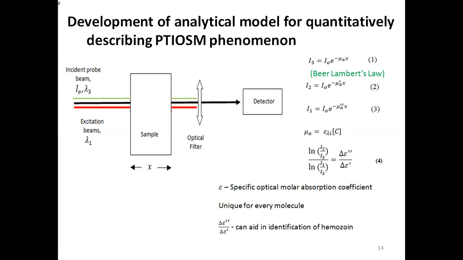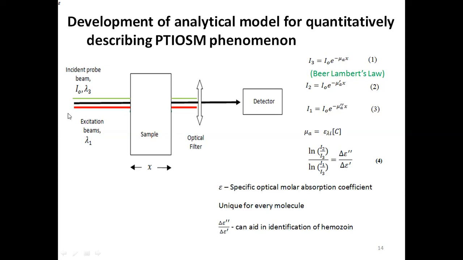the reason for the two intensities not being equal could be a change in the optical absorption coefficient of the material due to introduction of the pump beam. So in other words, the pump beam alters the optical absorption properties of the sample, so that now the optical absorption coefficient changes, and therefore the detected probe beam intensity is different from the initial intensity.